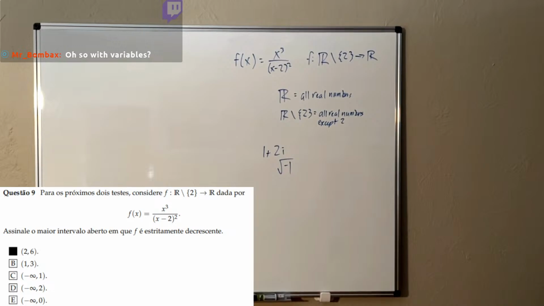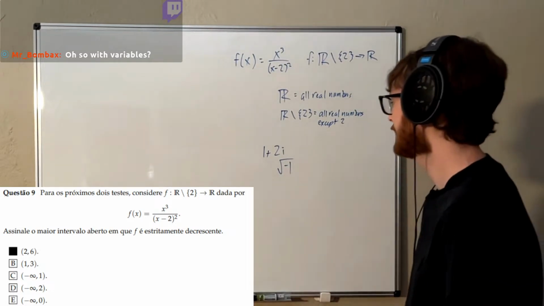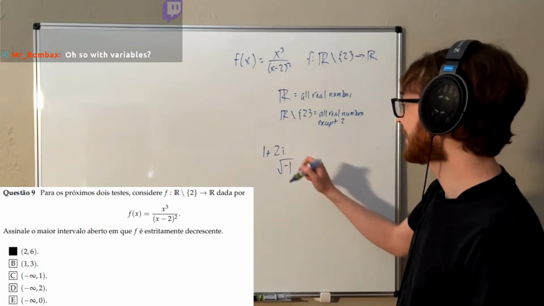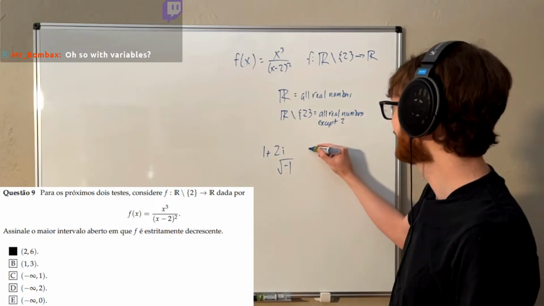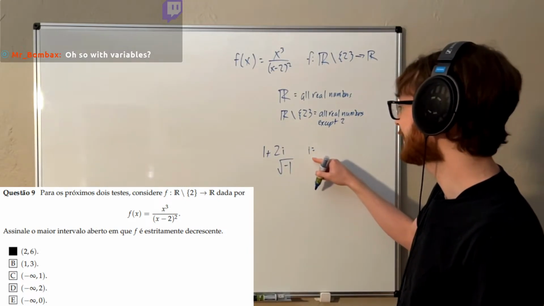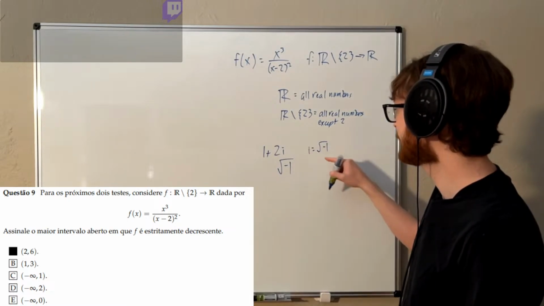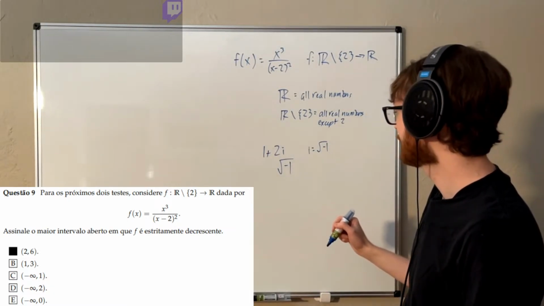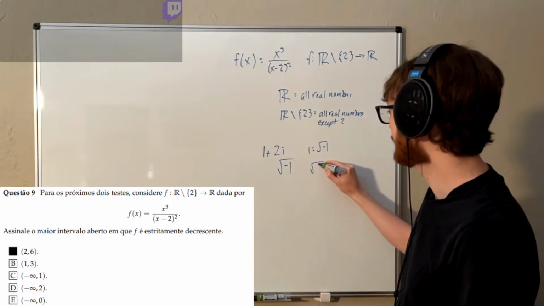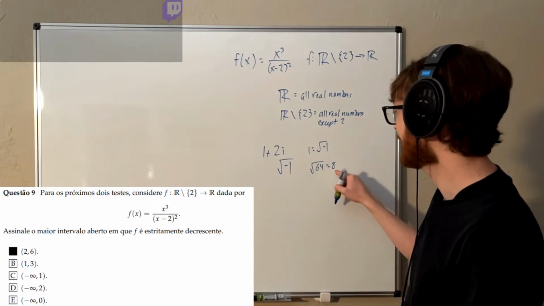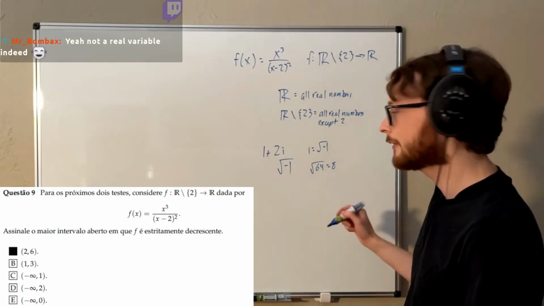Oh, so with variables. The i isn't a variable, it's called the imaginary number, the imaginary unit, or something like that. It's the square root of -1 because we know the square root of 64 is 8 because 8 times 8 is 64.